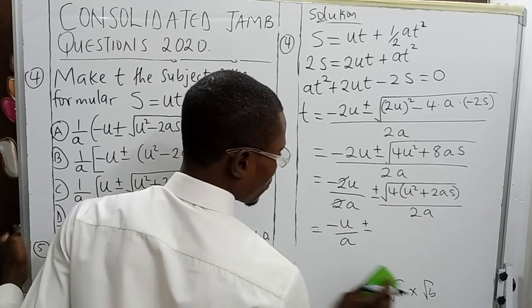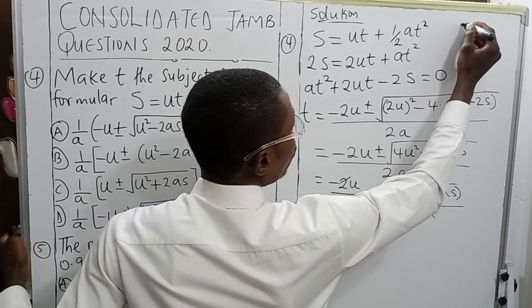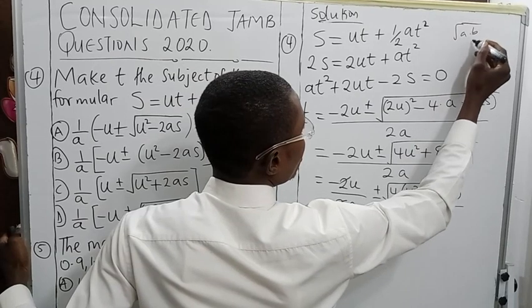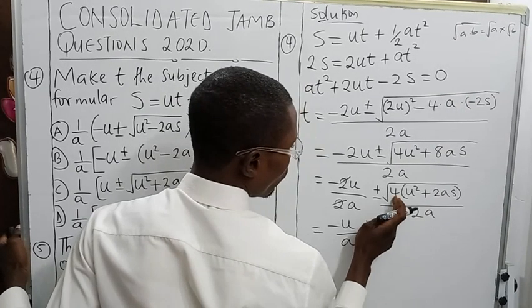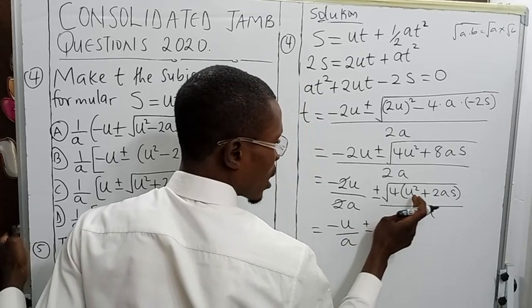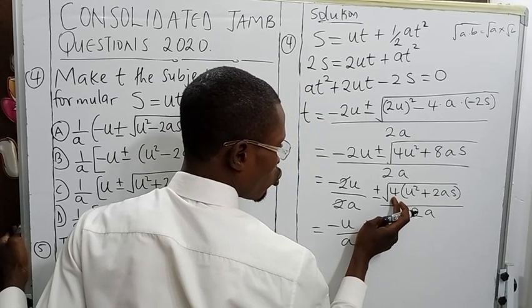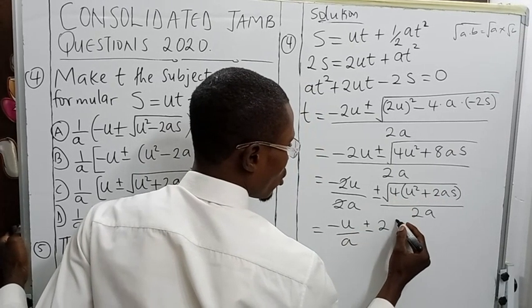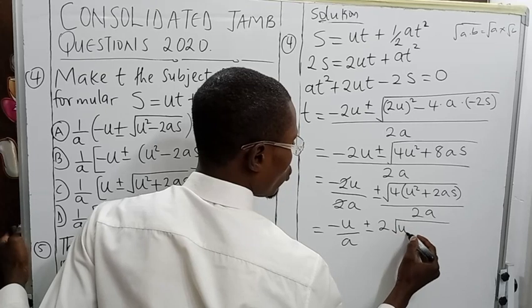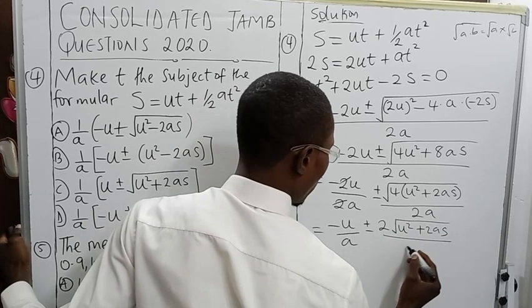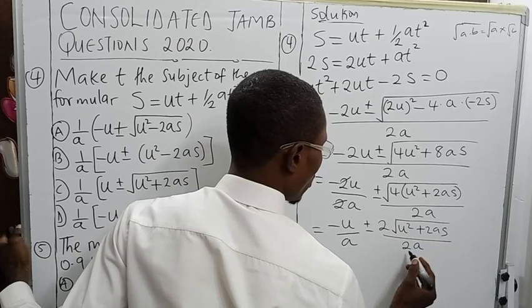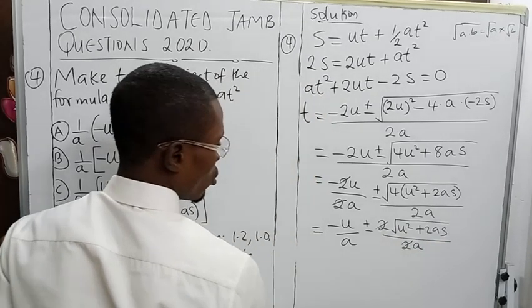So the root of 4 times this is the same as root of 4 times the root of this. And the root of 4 is what? 2. So I have 2 root of u squared plus 2as over 2a. 2 cancels out 2.